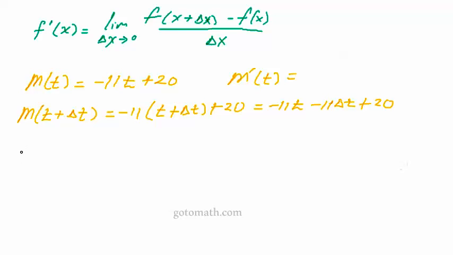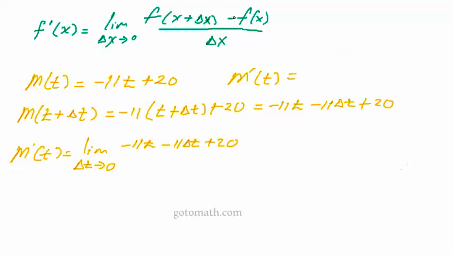Now I'm going to write m prime of t is equal to the limit as delta t approaches 0, and so now we're going to look up here. We're going to write in what we already got: negative 11t minus 11 delta t, and then plus 20.